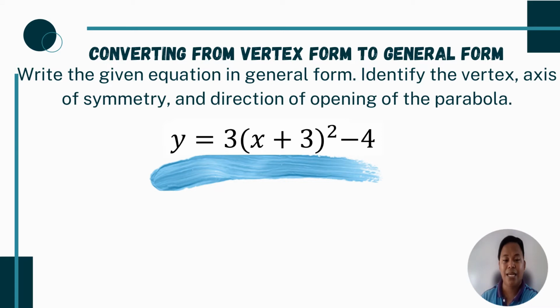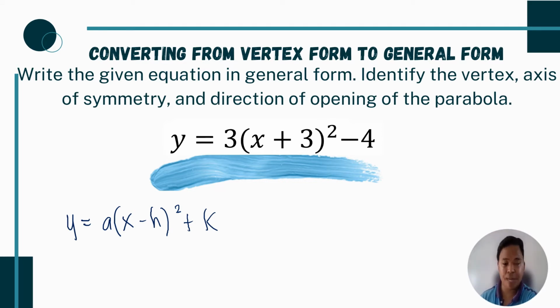We have here this given function y is equal to 3 times the quantity x plus 3 squared minus 4, which is written in vertex form. We have y is equal to a times the quantity x minus h squared plus k.